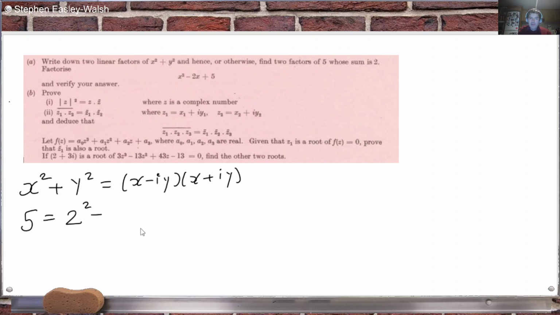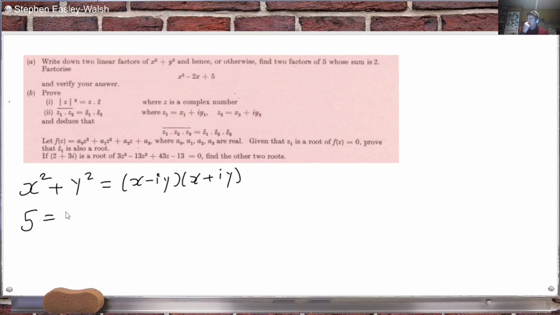Two factors of 5 whose sum is 2. So could it be something like a 3 and a 1? Yeah, maybe it's 3 and 1.